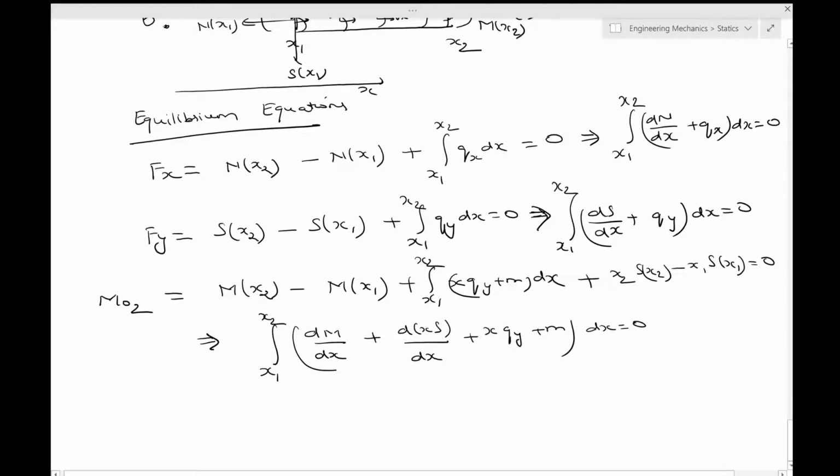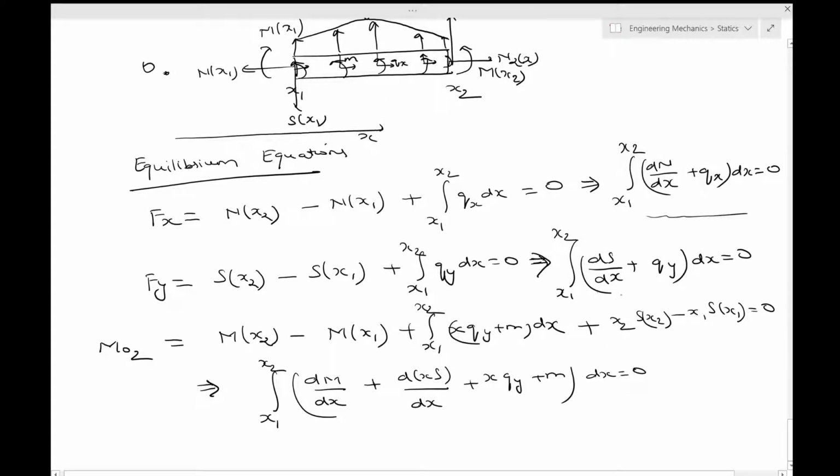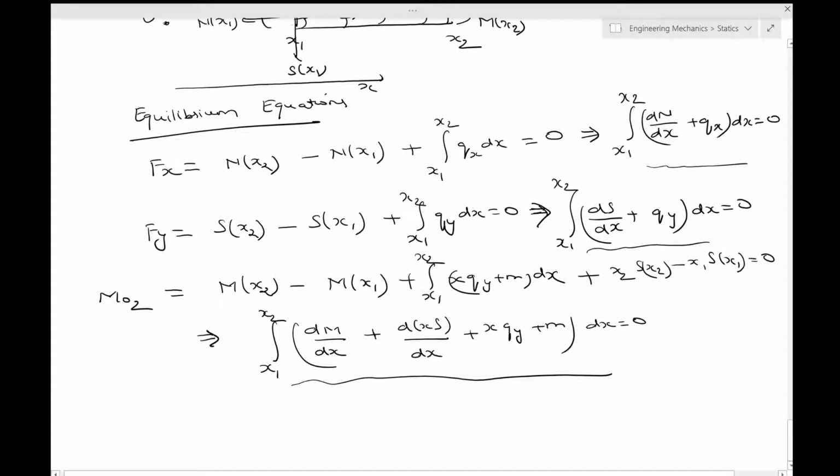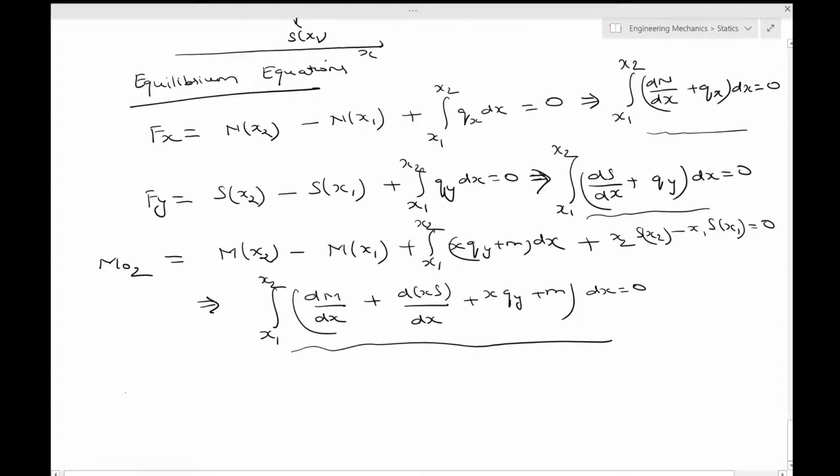Now notice all these three values, you see all of them are equal to 0 irrespective of what you choose as your x1 or x2. So for all the above to hold true for arbitrary x1 and x2, what should happen is, well, clearly the integrand itself must be equal to 0.